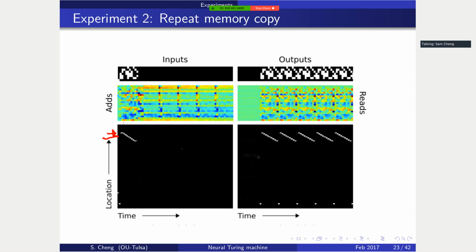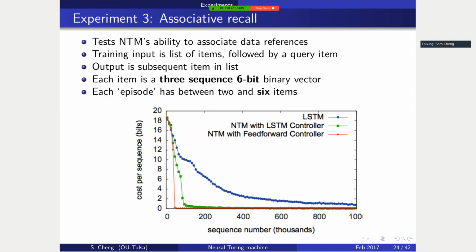For each vector you read in, you write it into each of these locations here, and once you're finished, it will read back from these locations consecutively, and for the repeated number of times. And this is the memory copy. And there's another task they look into, the so-called associative recall.